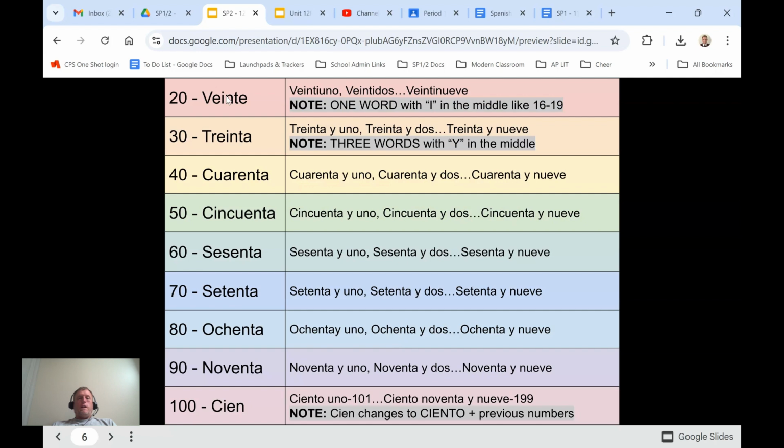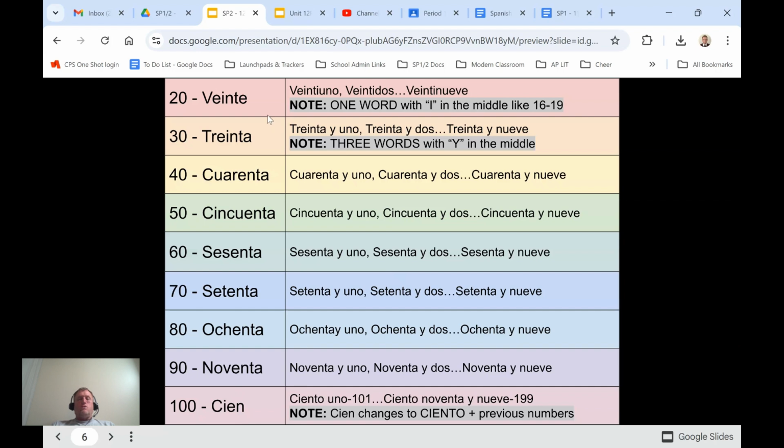So once we have 1 to 20, then all we have to do is start adding. So for 21, it's 21, 22, 22, etc. So we need to know our by tens to 100. 20, 30, 40, 50, 60, 70, 80, 90, and 100 is 100. So a couple of notes.